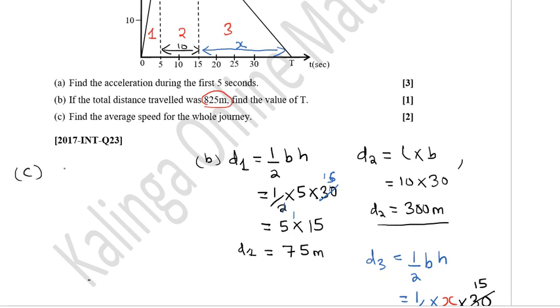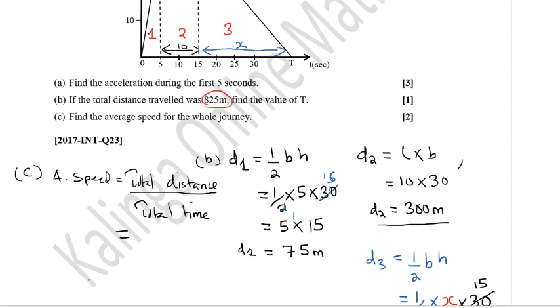So to find the average speed, we know that average speed is equal to the total distance over the total time taken.